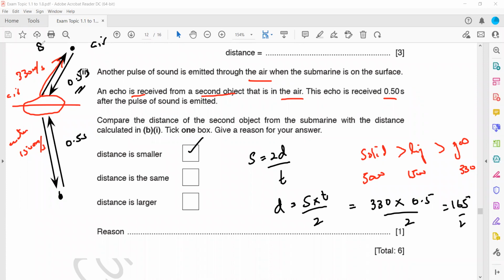So the object in the air is 82.5 meters away from the submarine, compared to the object underwater, which was 375 meters. The reason is that the speed of sound is slower in air.